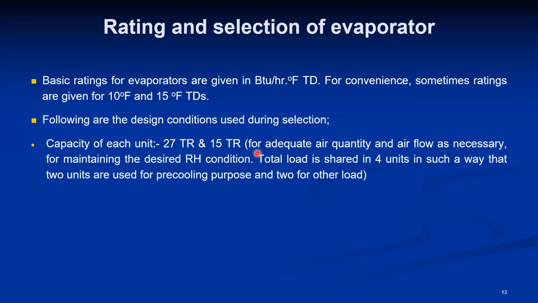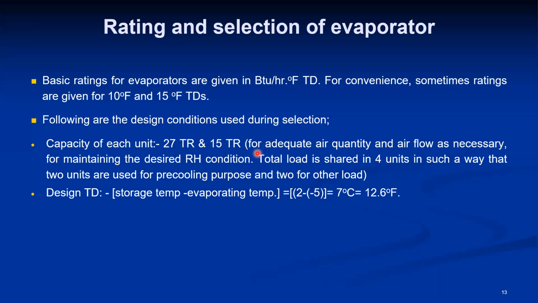So instead of selecting only one evaporator for one capacity, two or more evaporators need to be selected as per the design criteria. In this case, we are going to select two. The total load is shared in 4 units in such a way that the 2 units are used for pre-cooling purpose and the two are for other loads.